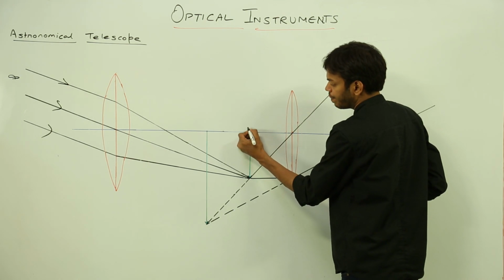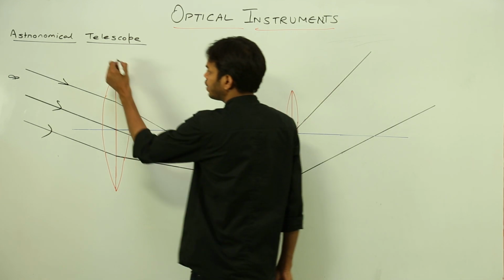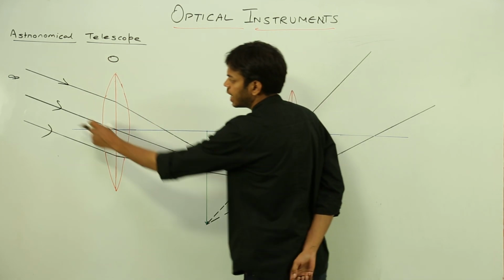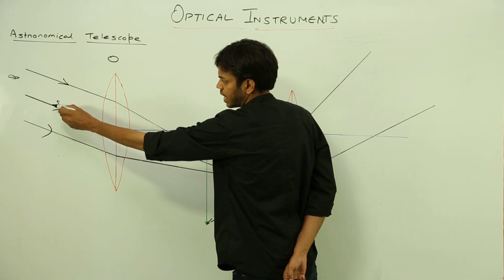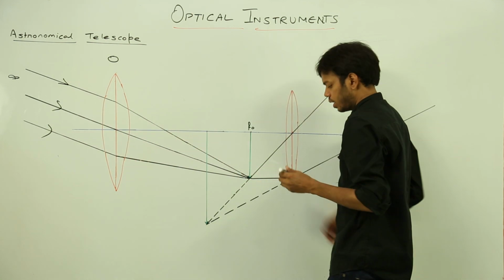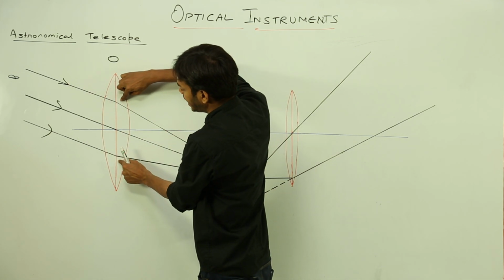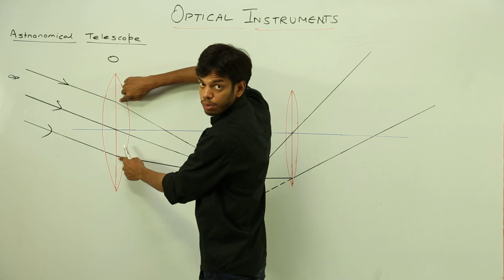So this point is the focal length of the objective lens, and this is the focal length of the objective lens. First of all, guys, just extend this central line. You have taken these three parallel lines; stop these lines right here, where your objective lens is.